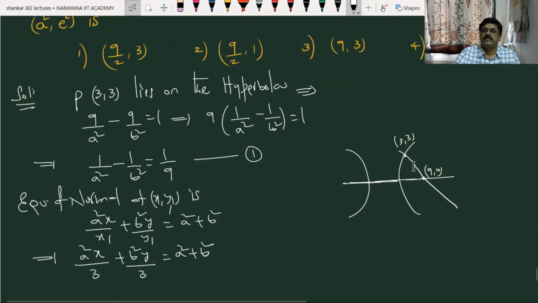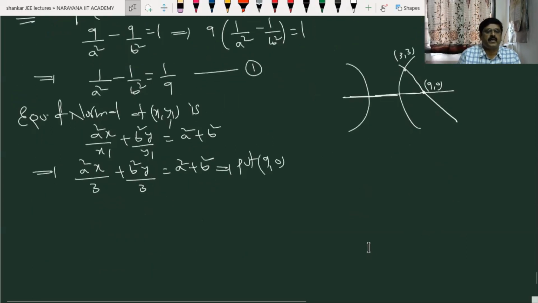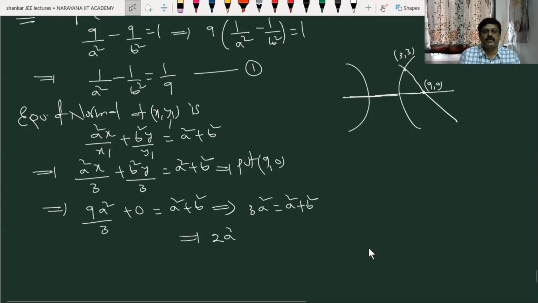So put 9 comma 0 there, and you will be left with what? 9a square upon 3 plus 0 is equal to a square plus b square. That is 3a square is equal to a square plus b square, students, implies 2a square is equal to b square.